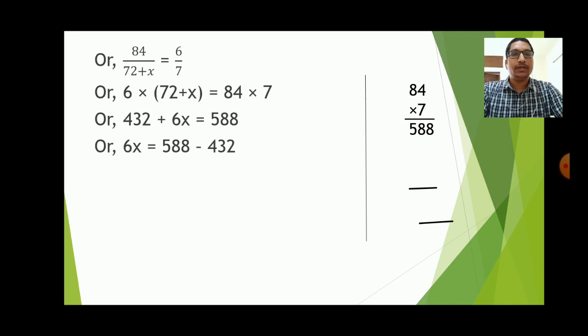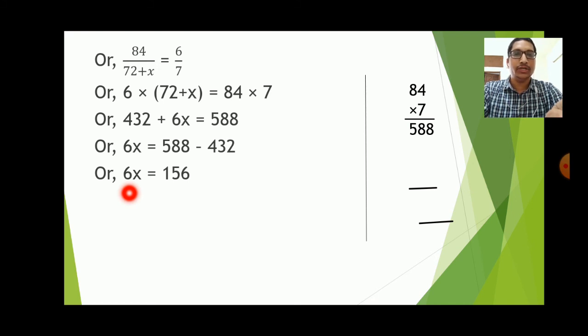Now if we subtract 432 from 588, what will it be? It will be 156. Now we need the value of x, but this 6 we need to move from the left side to the right side, and its sign will change.